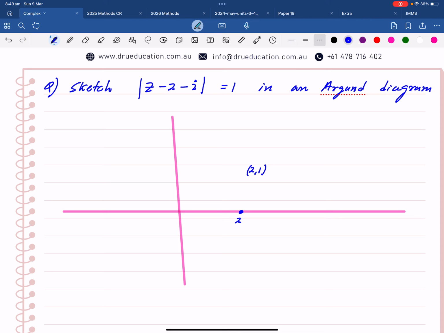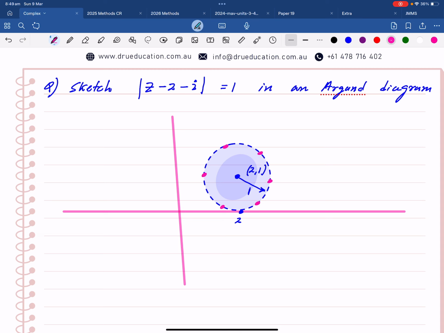The radius is 1. So it should be something like this. So this radius over here is going to be 1. Now, where is z now? z is here, here, here, here, and here.